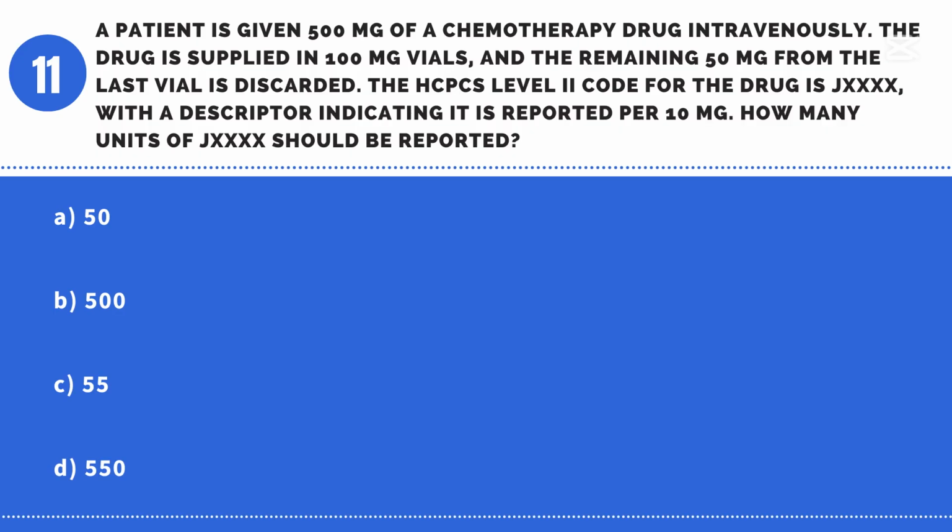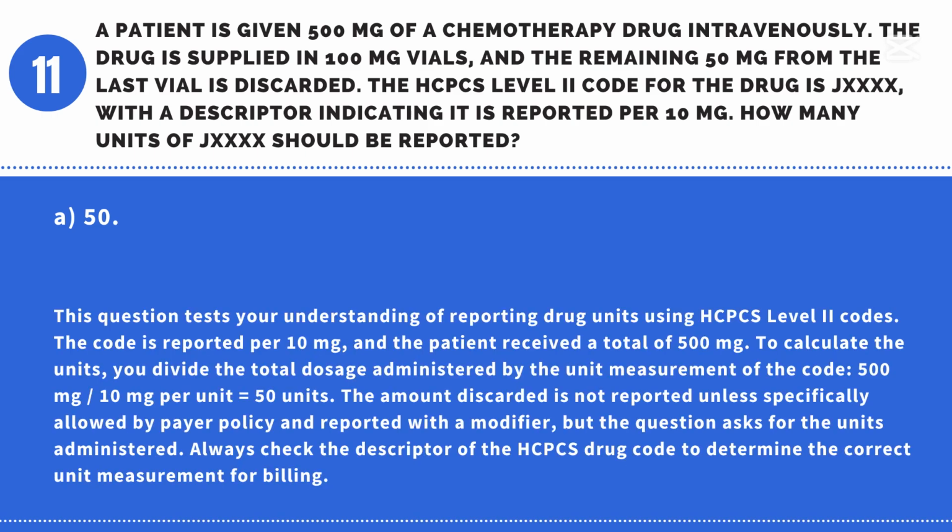How many units of JXXXX should be reported? A. 50. B. 500. C. 55. D. 550.